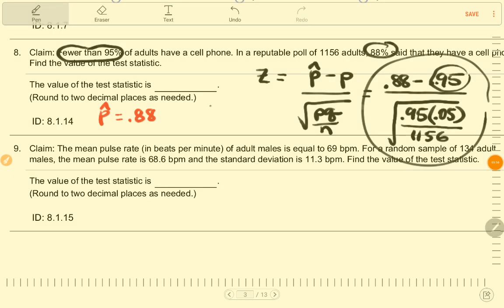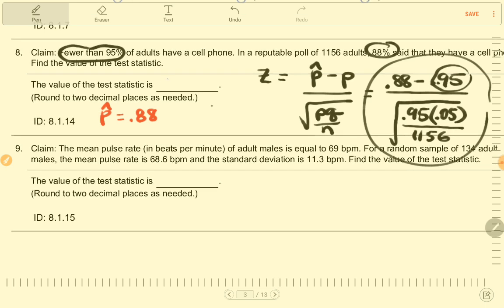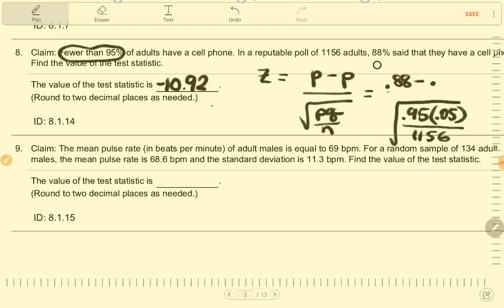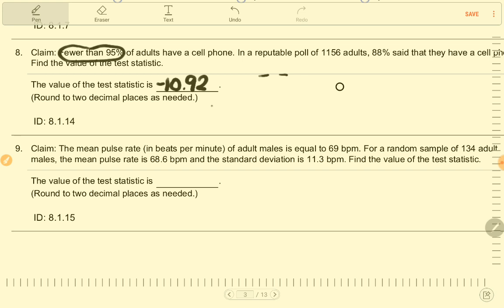All right, so the answer turned out to be -10.92 to 2 decimal places. So that's the actual test statistic. Now, it's not part of what we've been asked to do, but I just want to tell you that that is an extreme z-score, right?